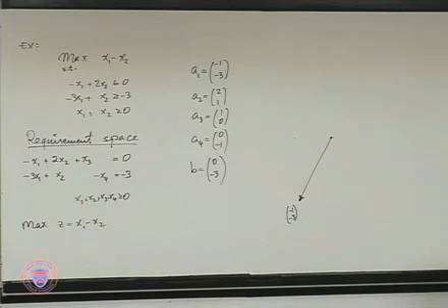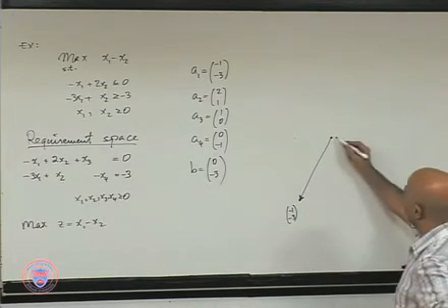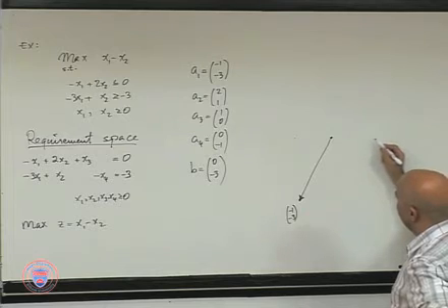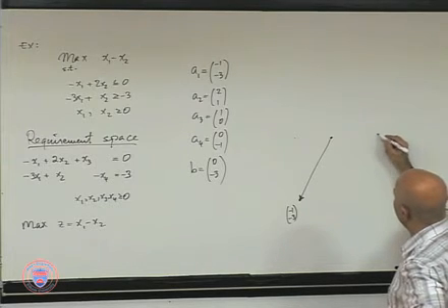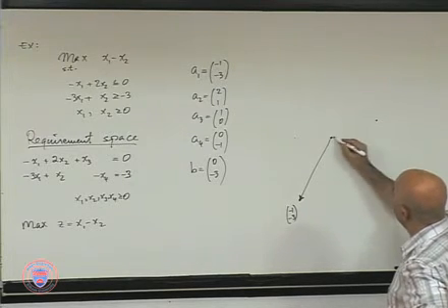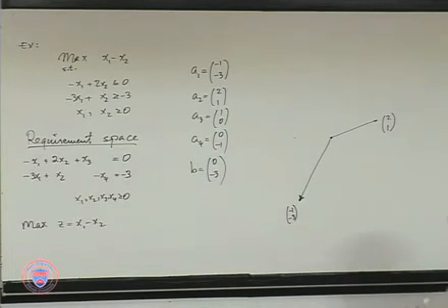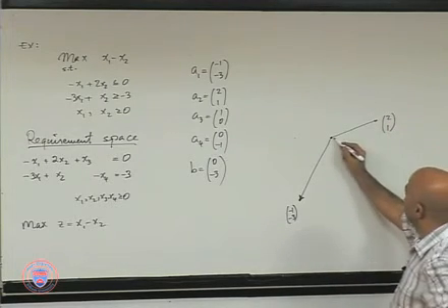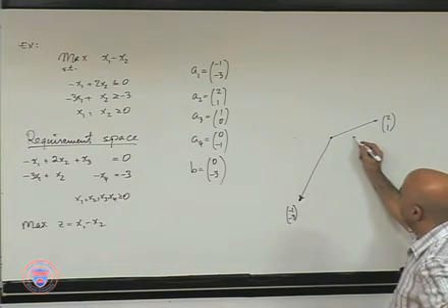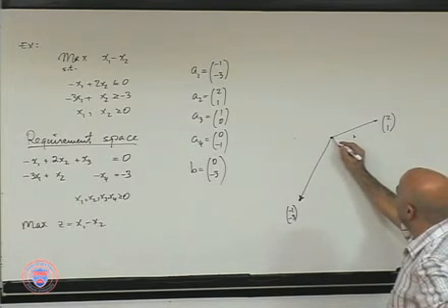My second vector, 2, 1: I go 2 units, which is essentially here, and then 1 unit. That's 2, 1. Then we have 1, 0, which is this one.